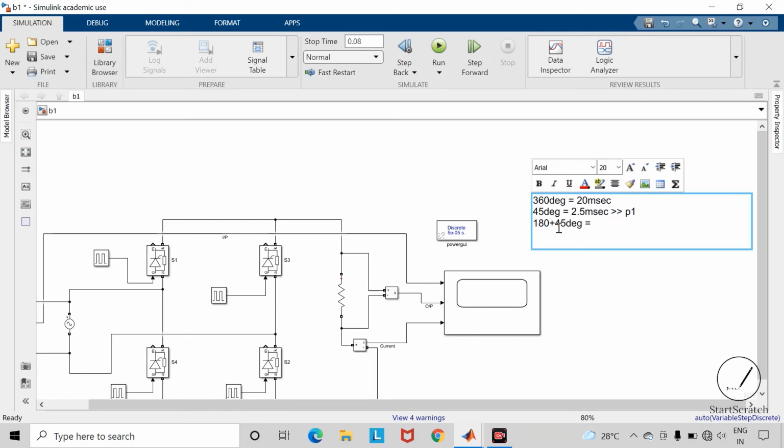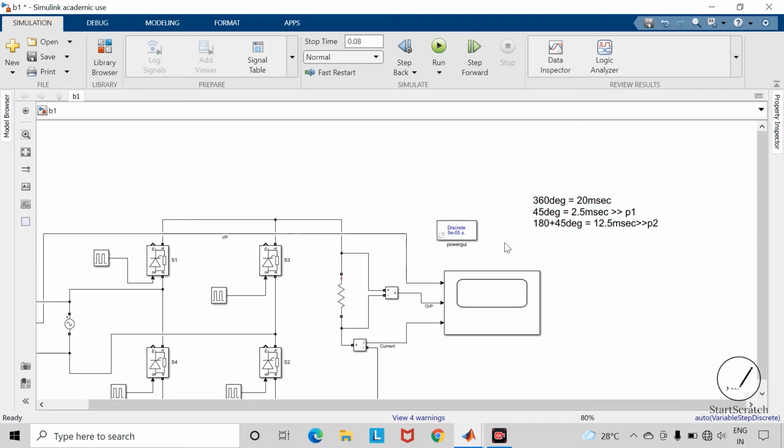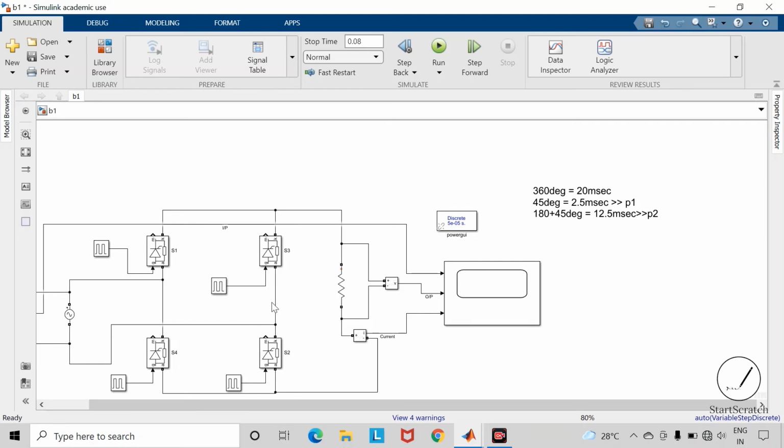So the phase delay will come out to be 12.5 milliseconds for this thyristor S3 and S4. So let us apply this firing angle or phase delay to this pulse generator blocks.